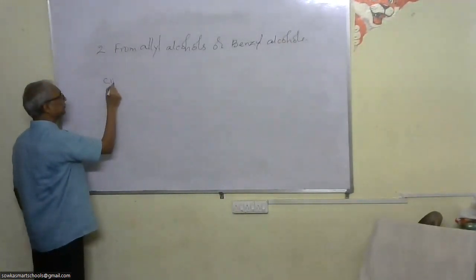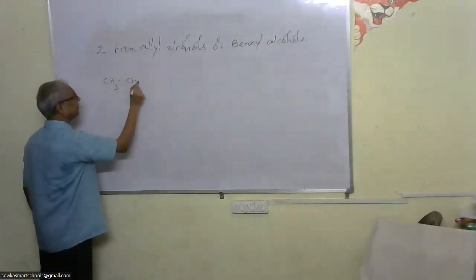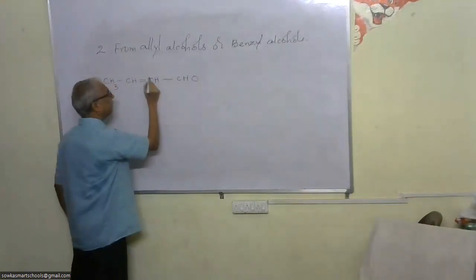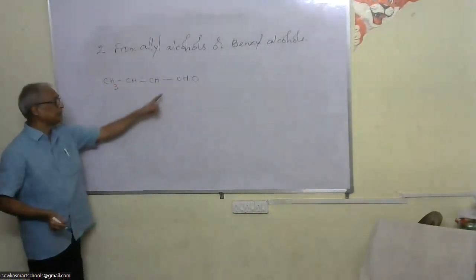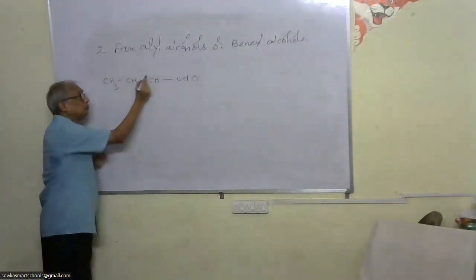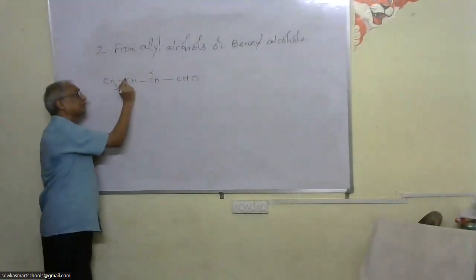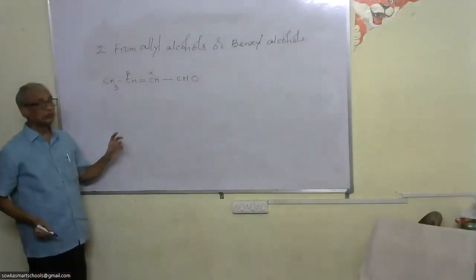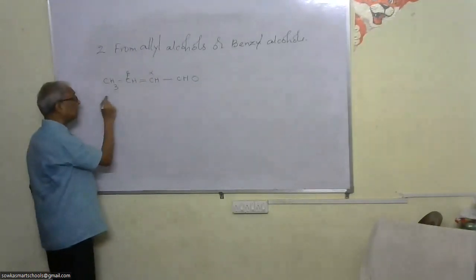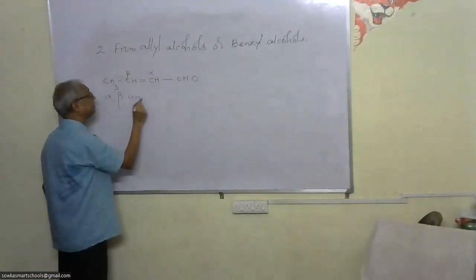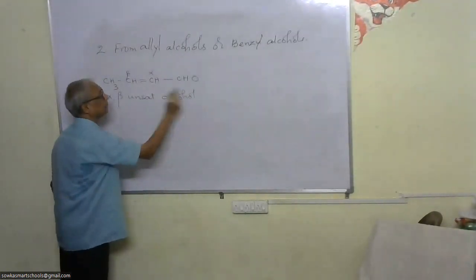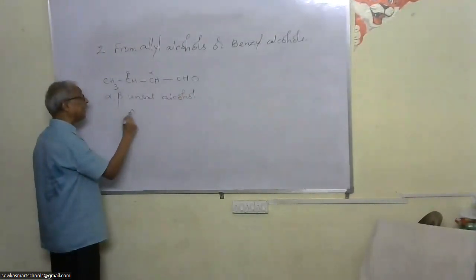Allylic alcohol means you know that there should be a double bond at the alpha beta position. This is the aldehyde group. The carbon next to this aldehyde group is known as alpha. The next carbon is beta carbon. Because there is a double bond between alpha and beta carbons, this is known as alpha beta unsaturated, also known as allylic.